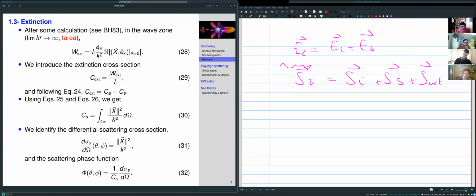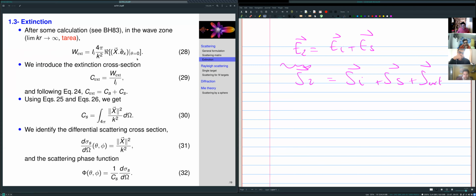You compute the flux of the crosstalk terms, E scattered and E incident, through a sphere whose radius r is much greater than lambda, and you can reach the conclusion that the extinction term depends on just the forward component of scattering.